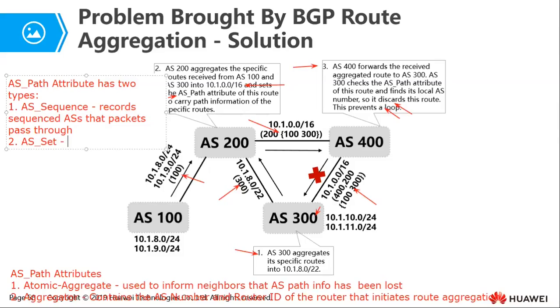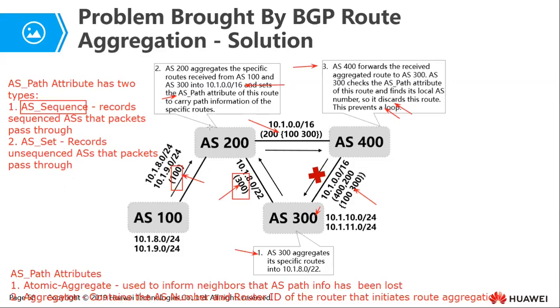Now, AS set records unsequenced ASs that packets pass through. So what does that mean? Here we are carrying 300 and 100 in AS sequence. Here 200 has been carried in AS sequence. Here 200 and 400 have been carried in AS sequence.